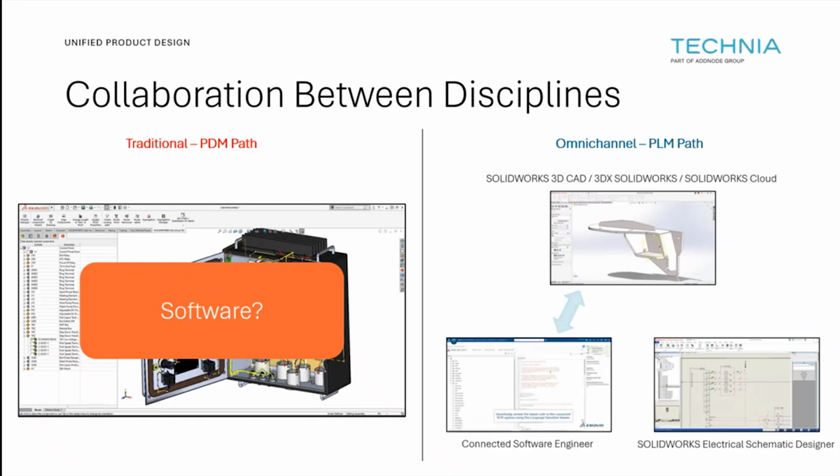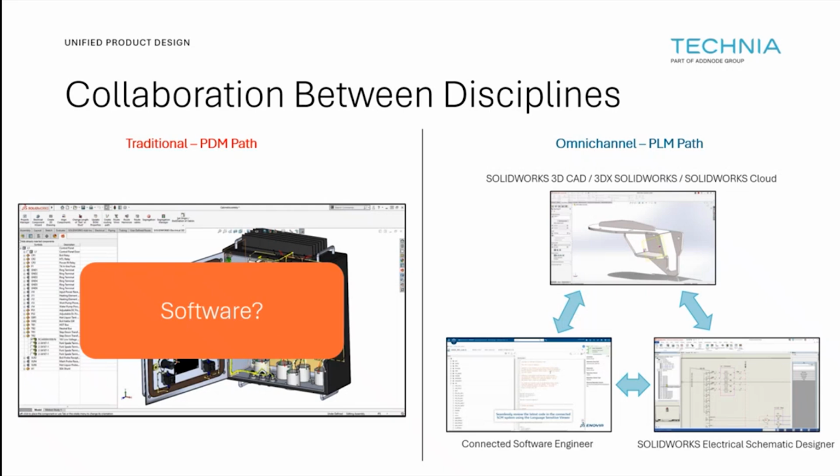All changes are instantly visible to everyone, ensuring that electrical and mechanical components fit together from the very beginning. Software engineers too can work in parallel by testing and simulating how their control systems will interact with the hardware, thanks to the seamless integration of virtual twins and real-time data. And the best part is that these tools are easily adopted by anyone. SolidWorks is a tool that everyone knows.